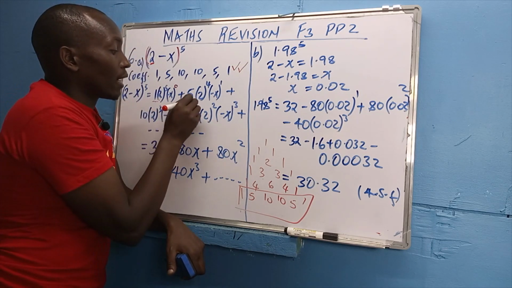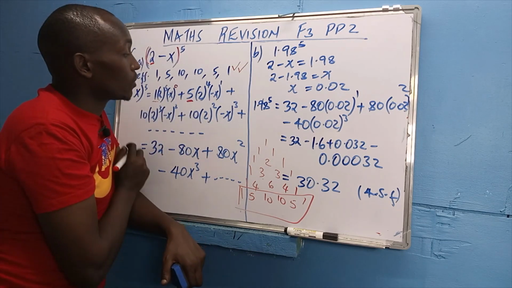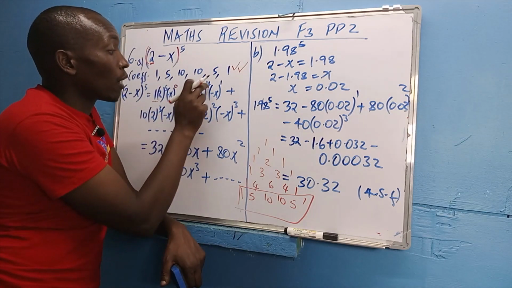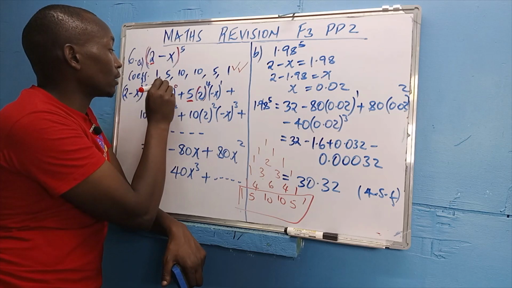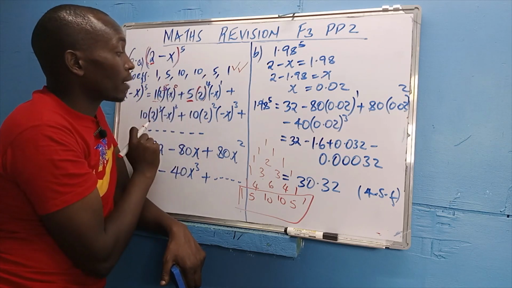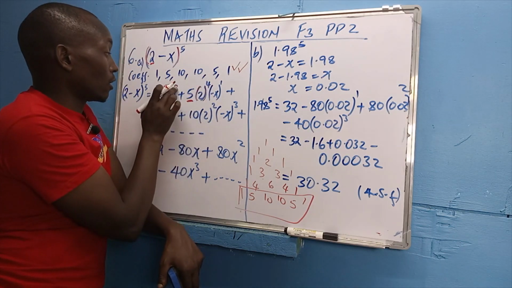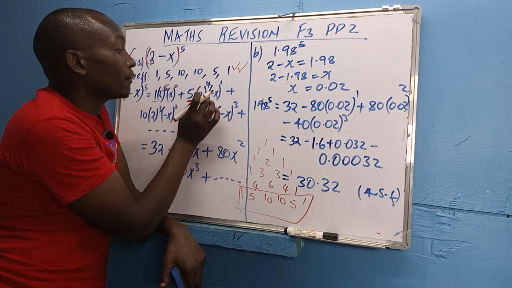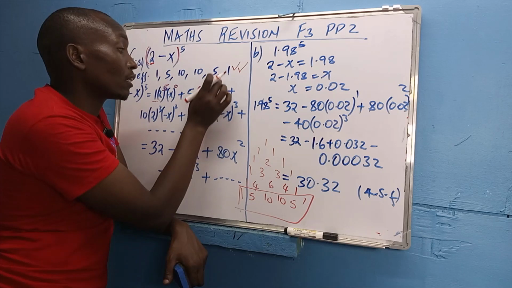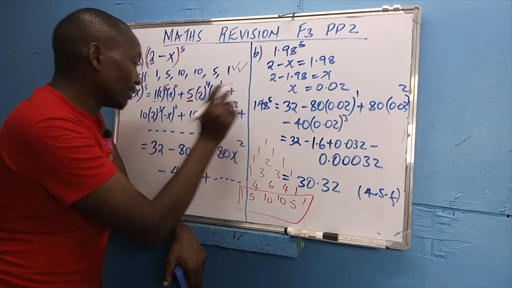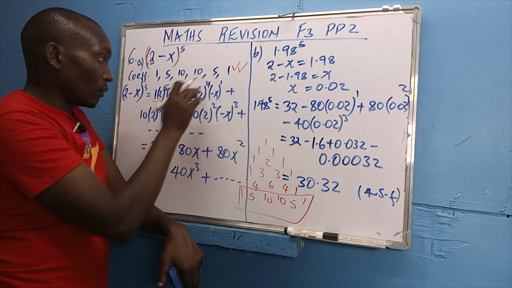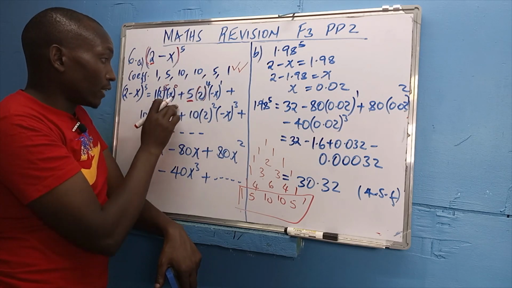So that is the starting point. The second one, I attach the coefficient there, then the 2 here raised to power 4, the power reduces by 1, then the negative x power increases by 1, so it was 0, now it is negative x raised to power 1, then plus, I go to the next, the third coefficient, 2 raised to power 3, now it is less 1, negative x raised to power 2.